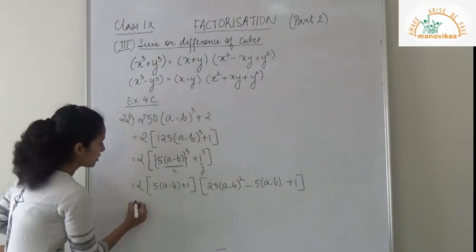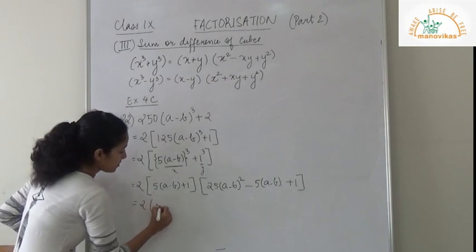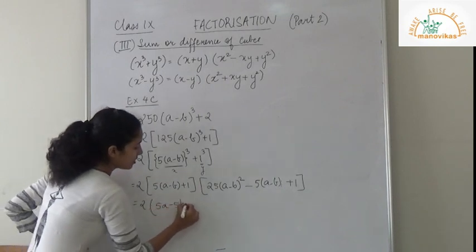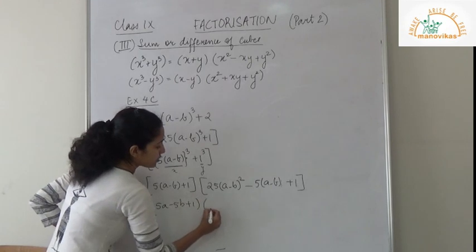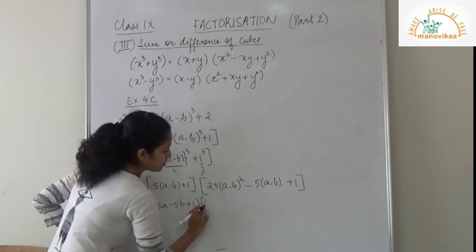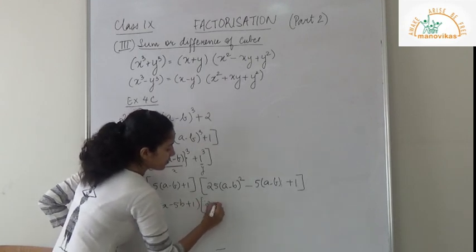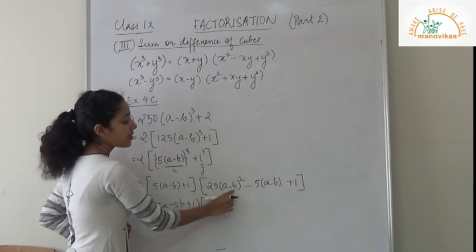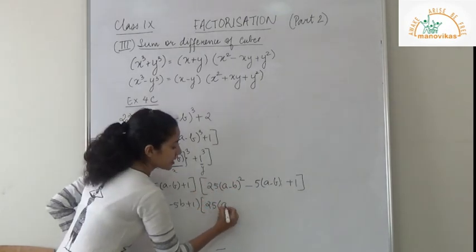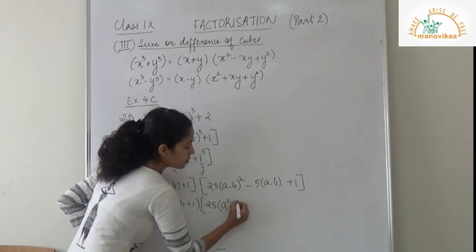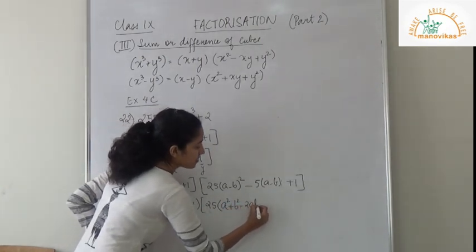Opening up the brackets, I get 5a minus 5b plus 1. This will be 25 into the expansion of a minus b the whole square, we know it as a square plus b square minus 2ab.